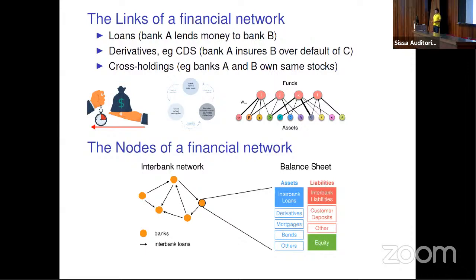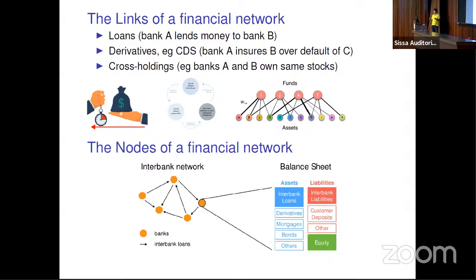Besides that, a particular feature of financial networks is that nodes have an internal structure. The nodes are financial institutions, and financial institutions have what is called a balance sheet. The balance sheet is this table displayed here. You have two columns.